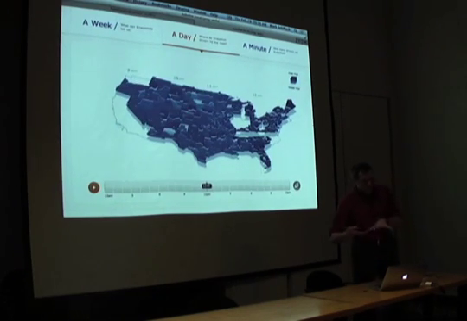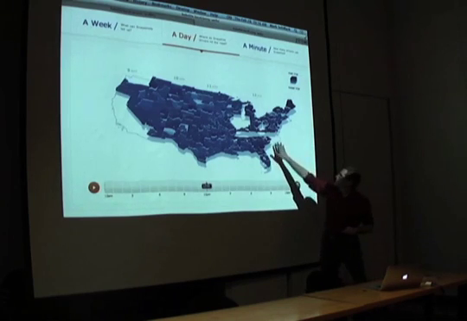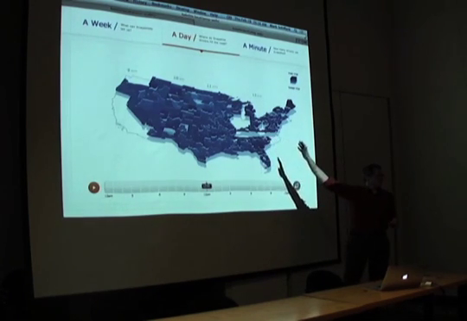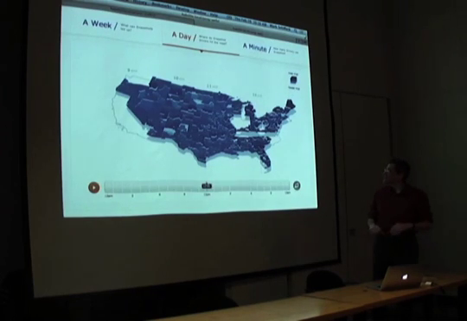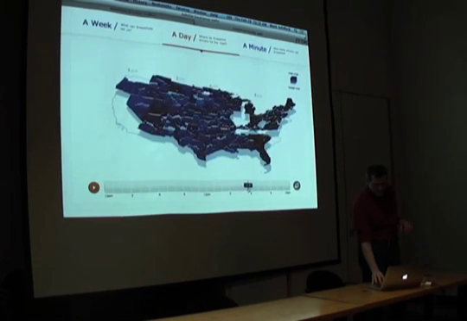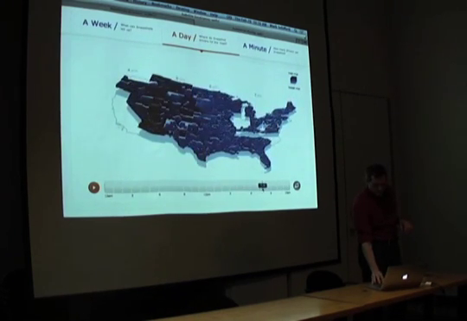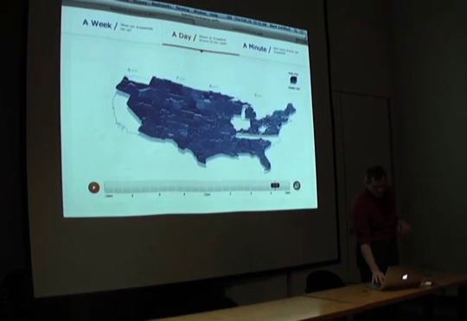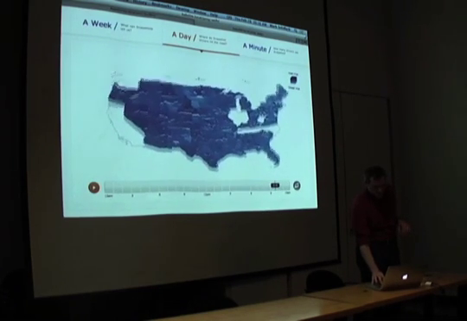We've got some states in there that are totally blank. Basically, insurance regulations don't allow this program to happen in those states, so there's no data there. So to continue with the evening rush hour, you can see the same things. Okay. Who doesn't like maps of the United States?